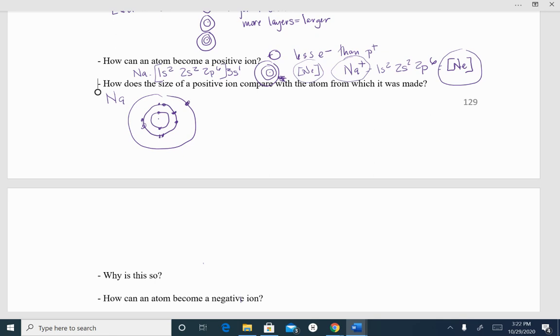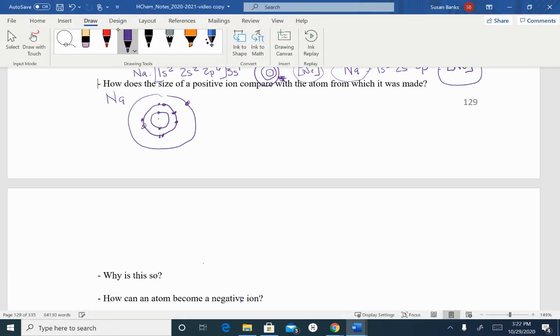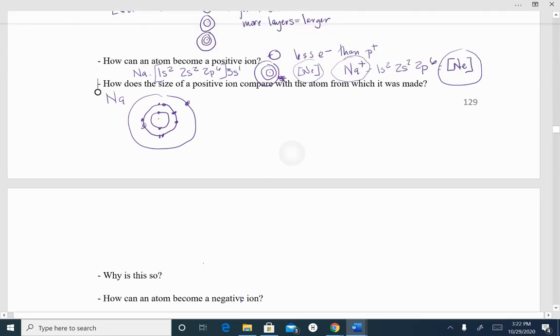So if I want to get back to a noble gas configuration, I need to get rid of this electron.